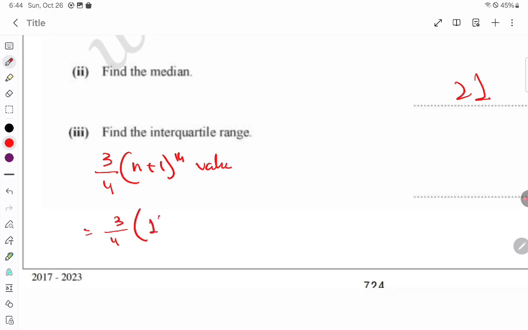It will be 11 plus 1, the 12th value, and we get the higher value of 19.